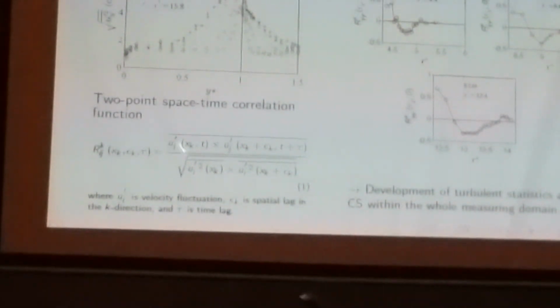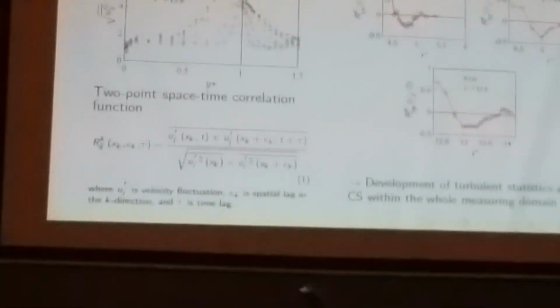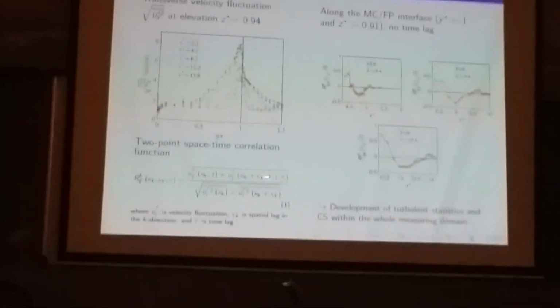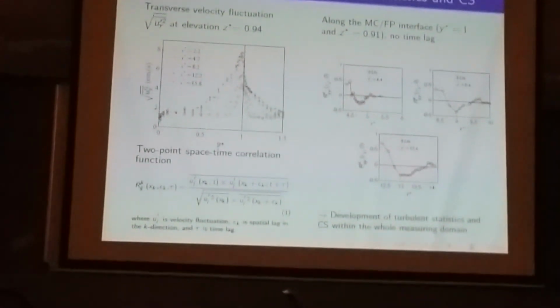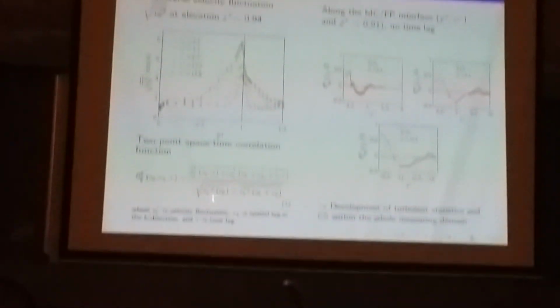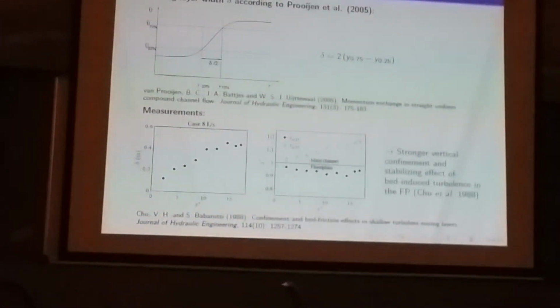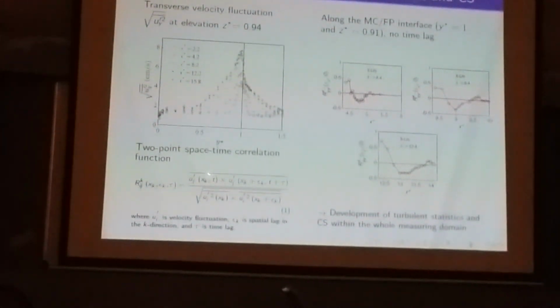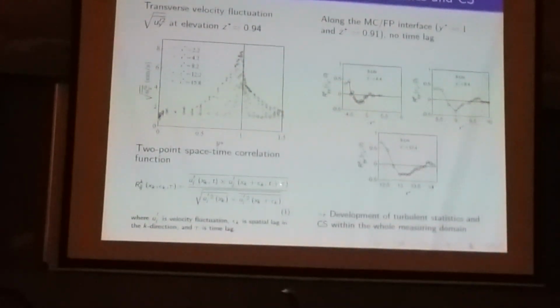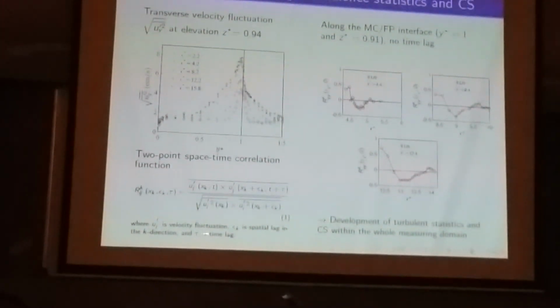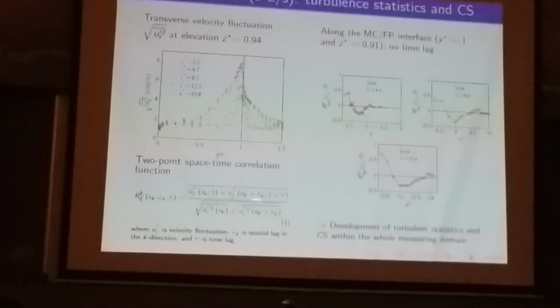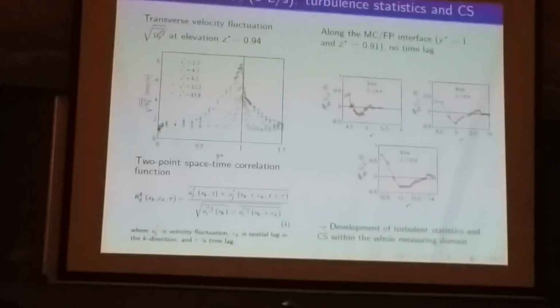If the two signals are not independent, if they are dependent, this product will be different from 0. Okay? So here we have a normalization, and tau is a time lag between the two signals, and epsilon k is a spatial lag. So this is what we call a space-time correlation.